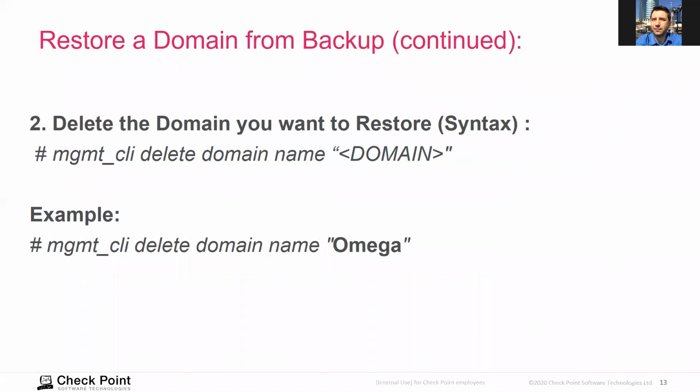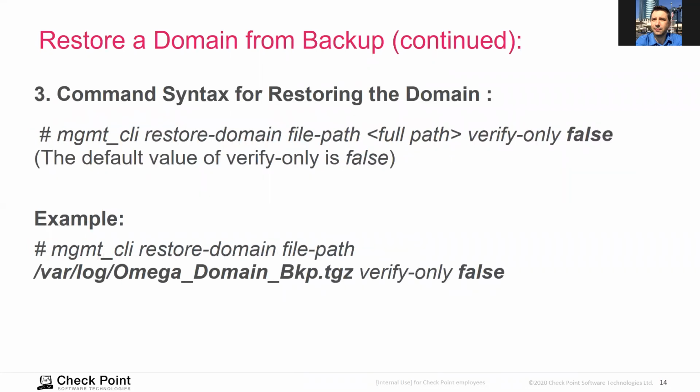Once we do that and we get the green light that it is successful, only then can we go ahead and delete the domain that we want to restore. It's a simple API command, delete domain, and we give the name of the domain. And then we can go ahead and restore the domain.